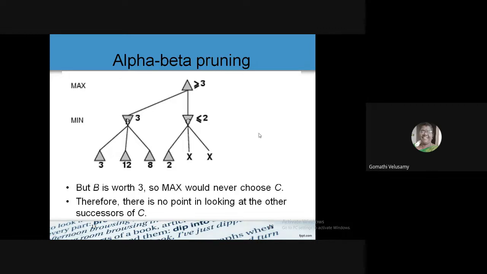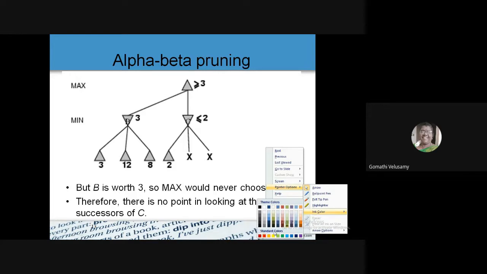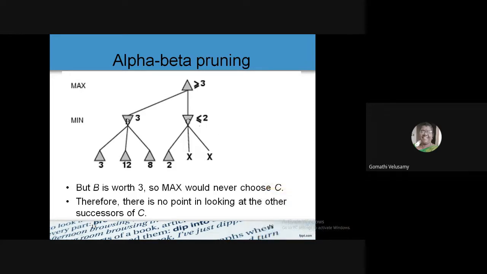Can anyone suggest why I'm saying it is less than or equal to 2? Yes, how are you writing here less than or equal to 2? Can you tell me the reason? Someone? Why is it less than or equal to 2?